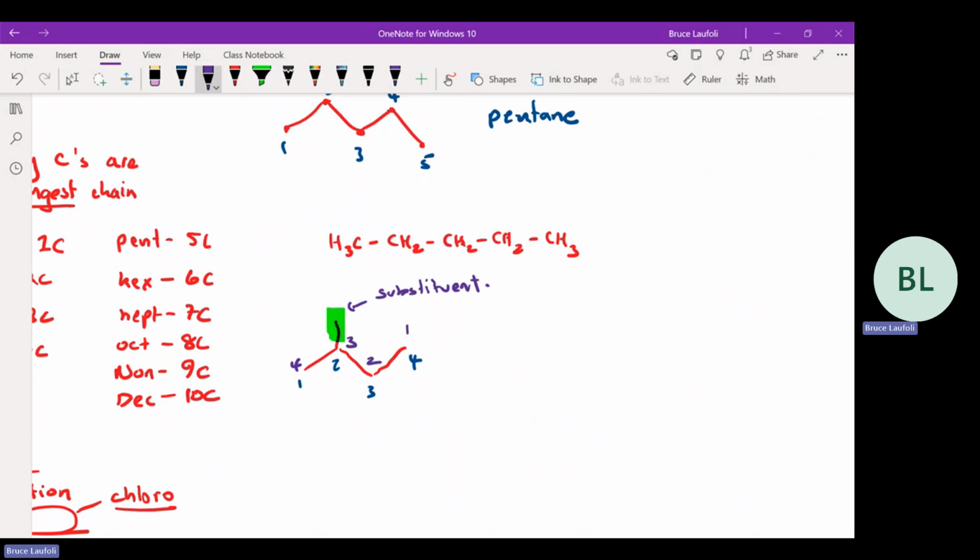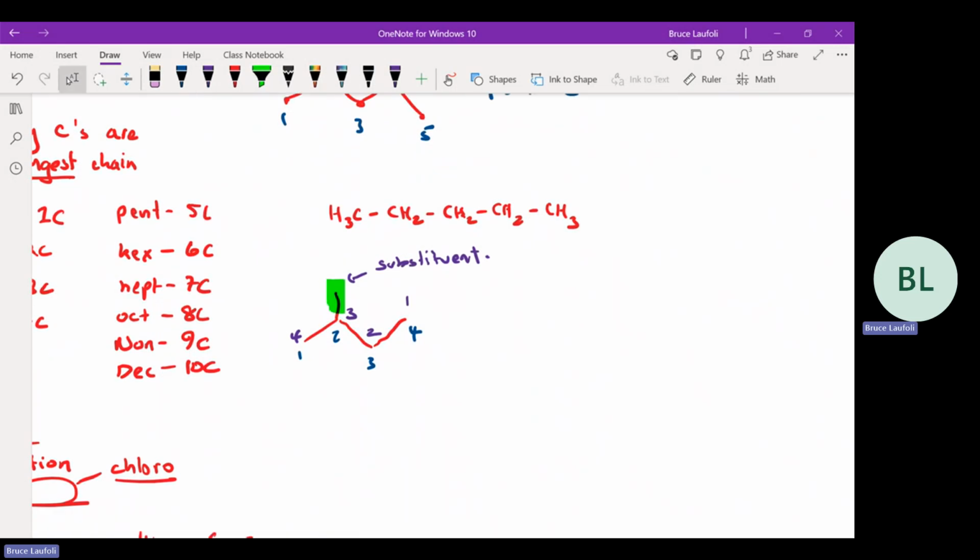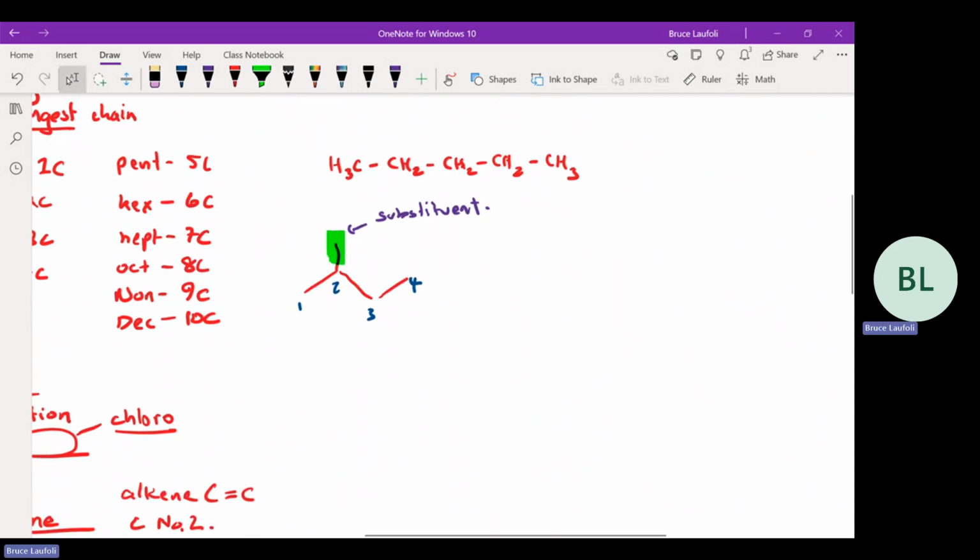And so how would we name this? Let's just rub out this number 4. Let's do it separately. The first scenario is that way. The second scenario is labeling it from left to right. We got 1, 2, 3, 4.